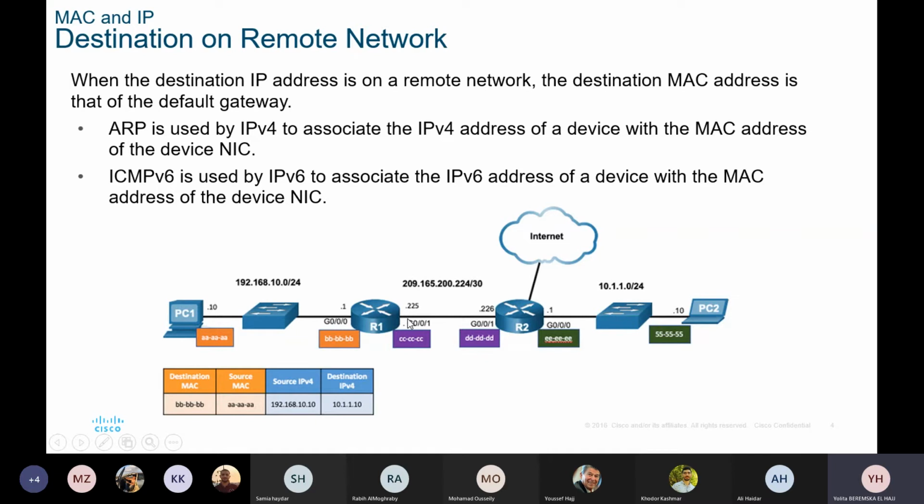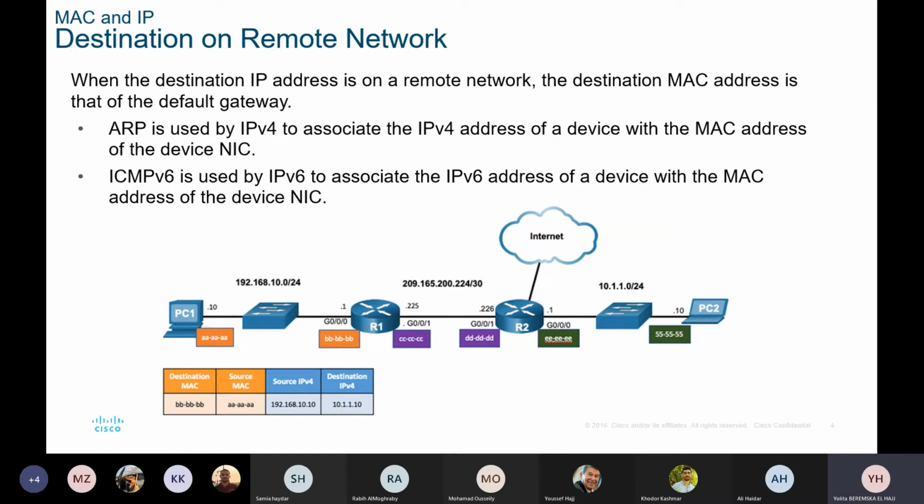And after this, R1 will receive the packet. Of course, here the source and destination IP addresses will be exchanged. Now the destination is PC1, and the source is PC2, because it replies to the first message of PC1.